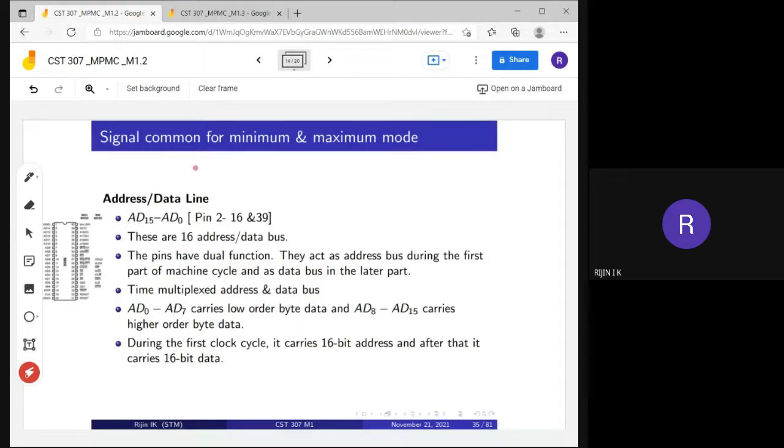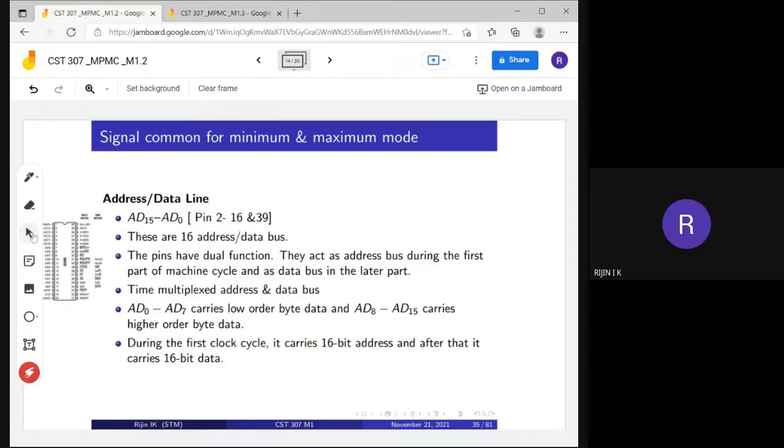In that, first one is the address bus data line. Actually, these are 16-bit address bus data lines, that is AD15 to AD0, or we can say AD0 to AD15.